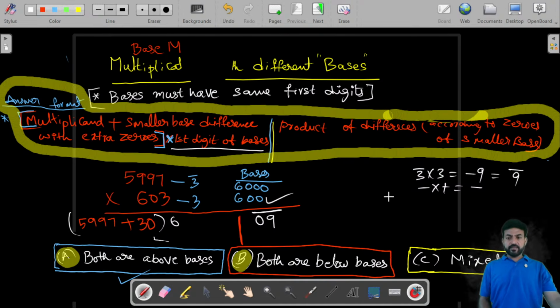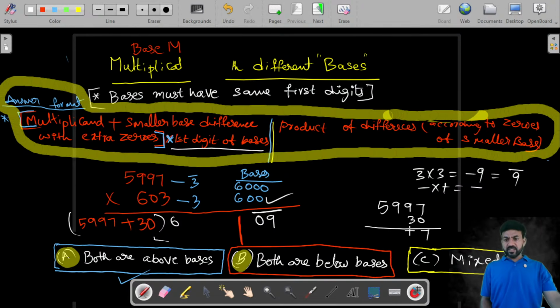Complete this here. 5997 plus 30. 7, 9 plus 3, 12. 6027.